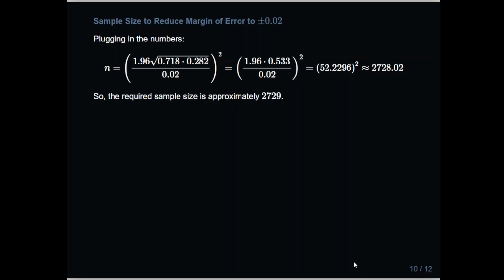So rather than round it down, we round it up to 2729, because that will mean that the margin of error is just less than plus or minus 0.02. So it's narrower than plus or minus 0.02, whereas 2728 is just that little bit wider than plus or minus 0.02. Okay, that's important.